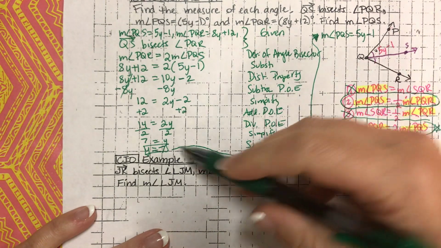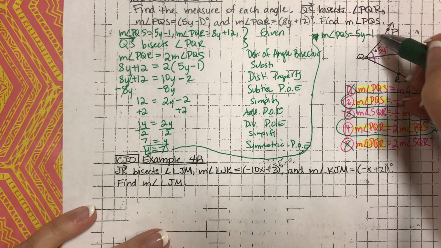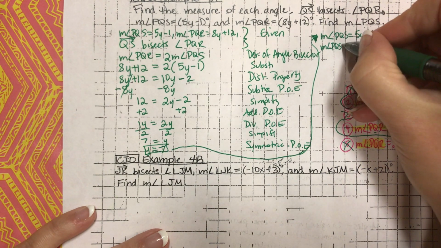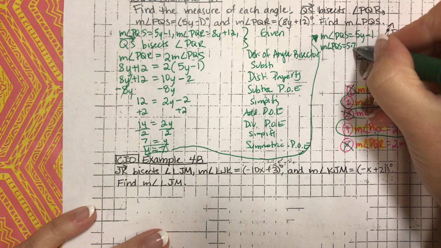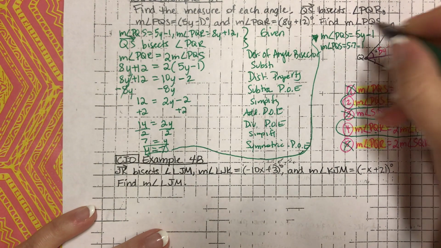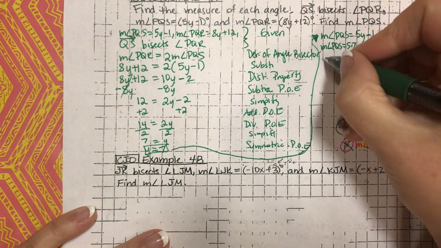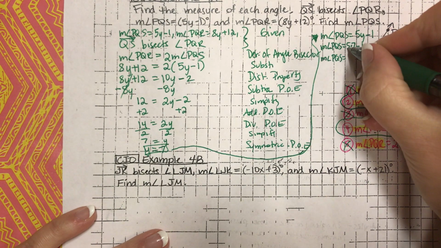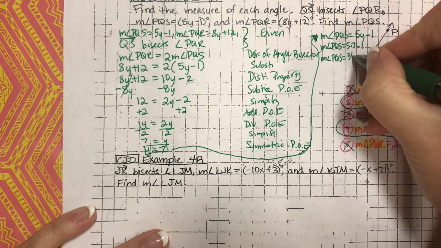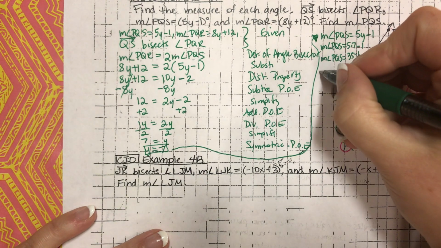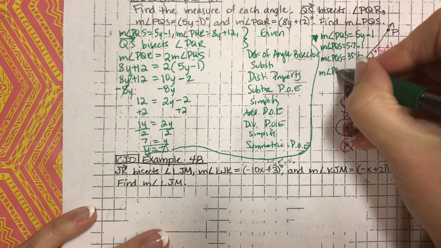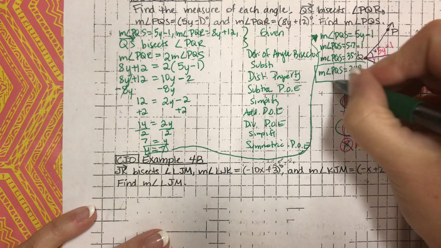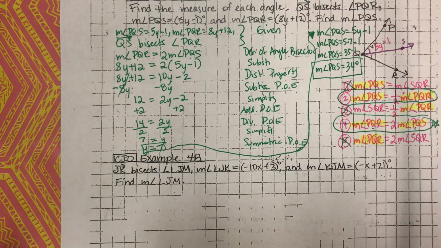I'm going to substitute that 7 in for y, so that's the given information, right? So measure of PQS equals 5 times 7 minus 1. That's just substitution. And then the measure of PQS equals 5 times 7 is 35 minus 1, which leaves me with the measure of PQS equaling 34 degrees. And that would be the answer.